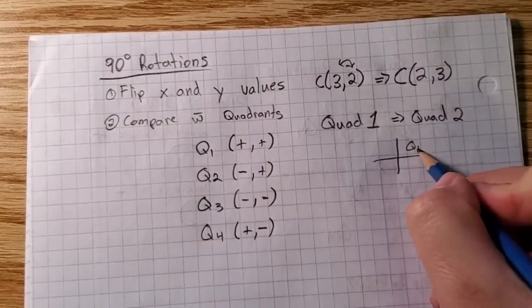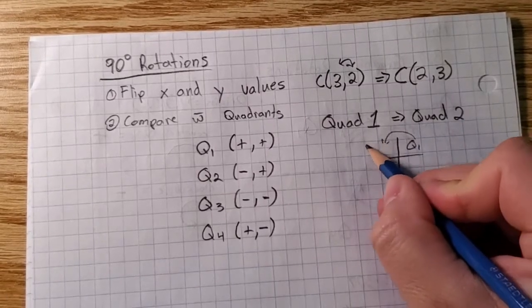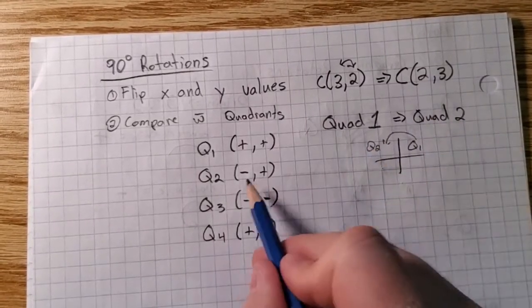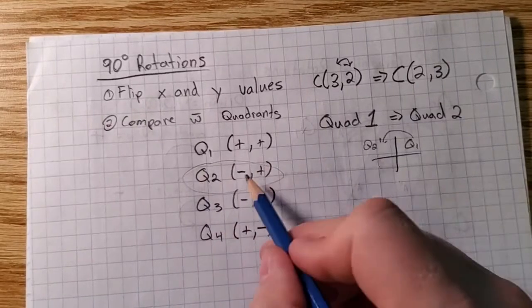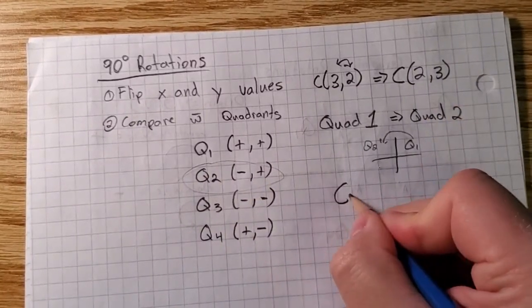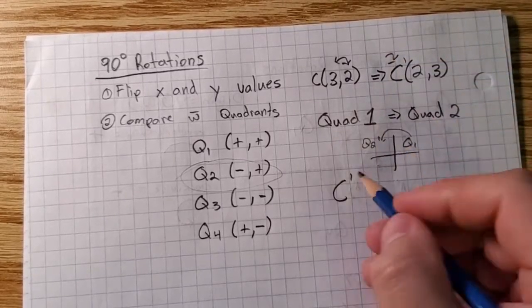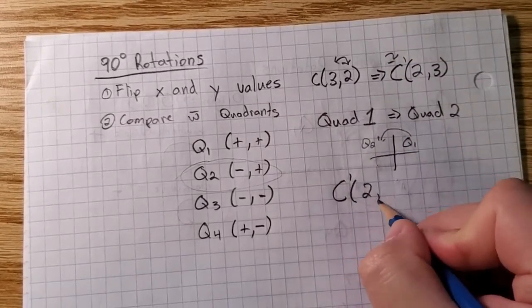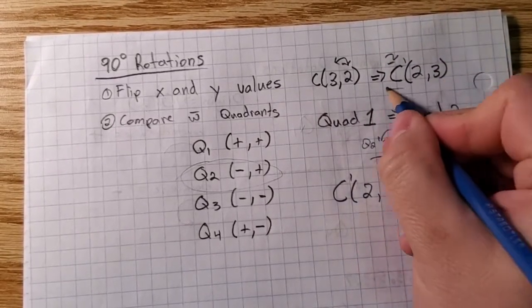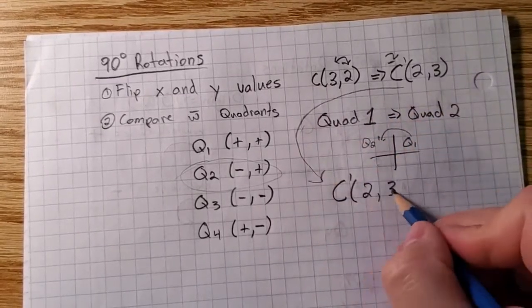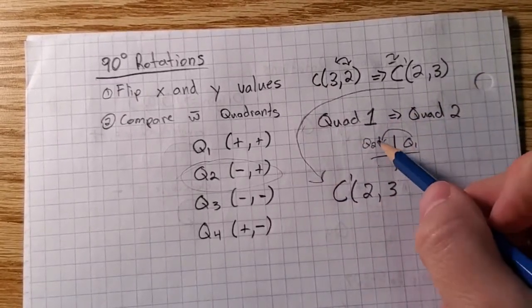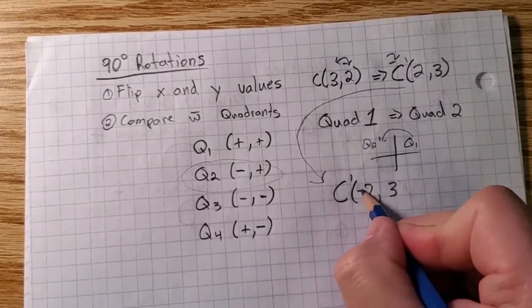So quadrant 2 would be from here, there's a shape in here to shape in there. Okay, quadrant 2 we know is always negative, positive. So this C prime, almost C prime, it's not there yet, would have 2 and 3. But now remember, quadrant 2 has negative first and then positive.